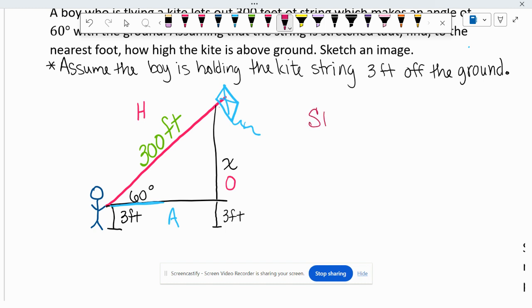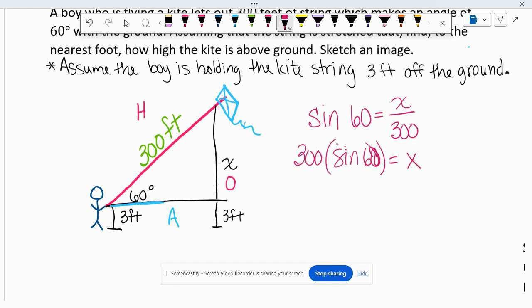The sine. So the sine of 60 equals the opposite over the hypotenuse. What do I need to do to both sides? Multiply by 300. I'm going to multiply both sides by 300. So 300 times the sine of 60 equals x. 259.8.